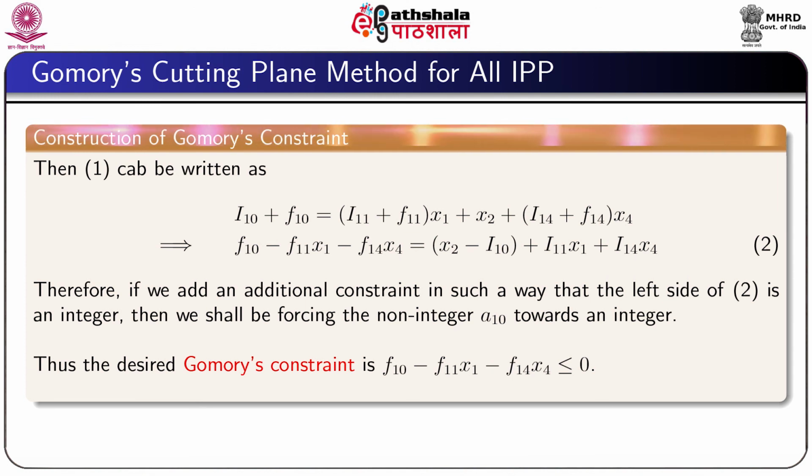Therefore, if we add an additional constraint in such a way that the left hand side of equation 2 is an integer, then actually we are forcing the non-integer A10 towards an integer. Thus, the desired Gomori's constraint is F10 minus F11 x1 minus F14 x4 is less than or equal to 0.